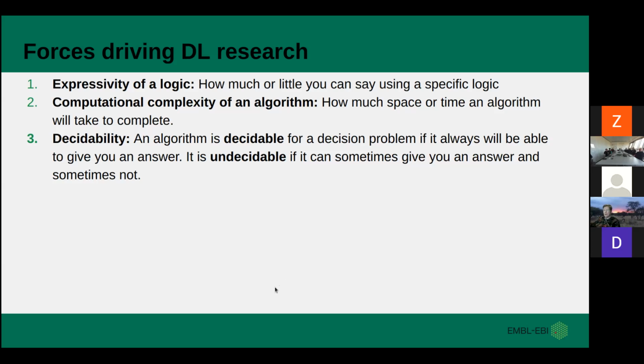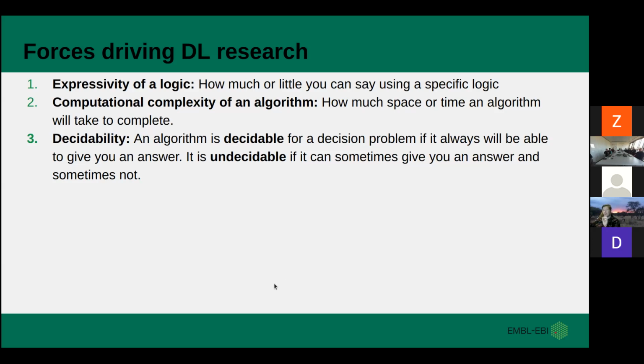Decidability is about a decision problem, so it's the ability to answer a decision problem. A decision problem gives a question, and decidability indicates whether this question can be answered.